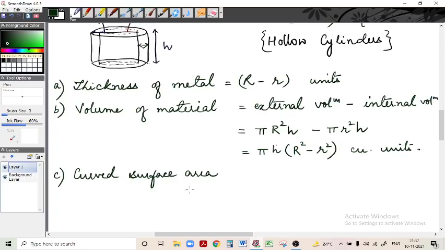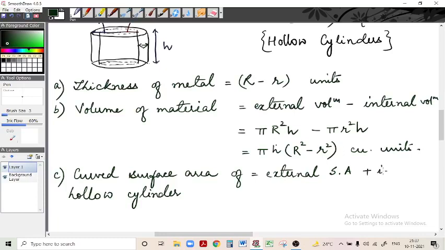Now curved surface area of hollow cylinder will be equal to external surface area plus internal surface area, which is equals to 2 pi R h plus 2 pi r h.